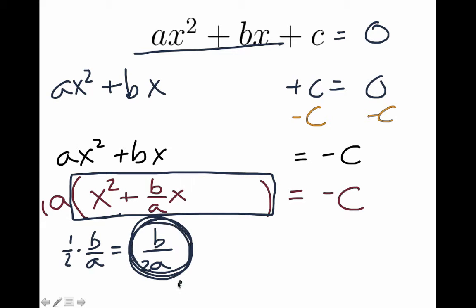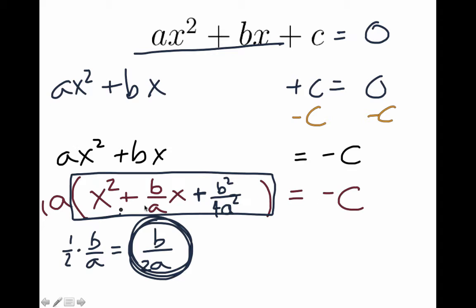That's not a coincidence. You've seen that before. The reason you've seen that before is because of this algebra that we're doing. This number you square, and when you square that number, you get b squared over 2a squared in parentheses, which is 4a squared. We're going to add that number inside this parenthesis.